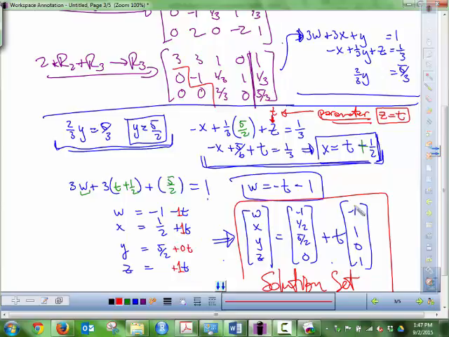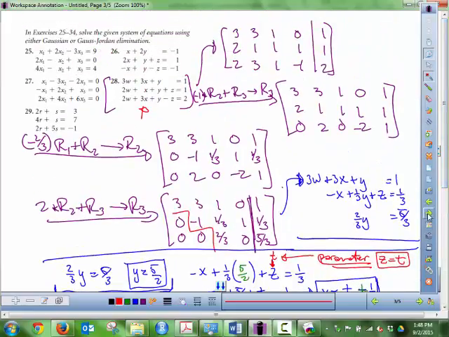So you take the things that are being multiplied by the t, and then you put them in the vector form, and that's the same thing as what we're doing. Cool? Anything else? All right. That was fun. That was like the whole page.